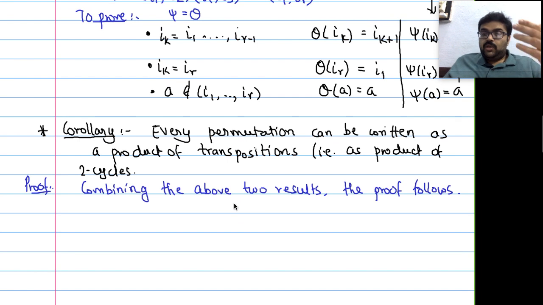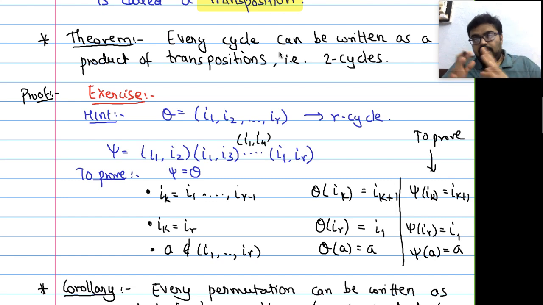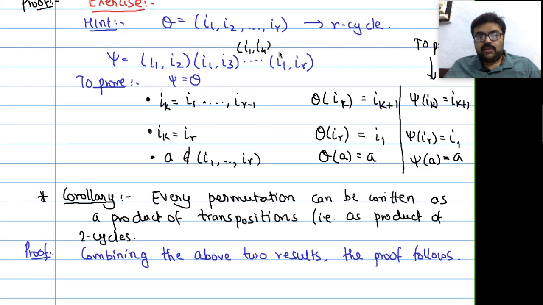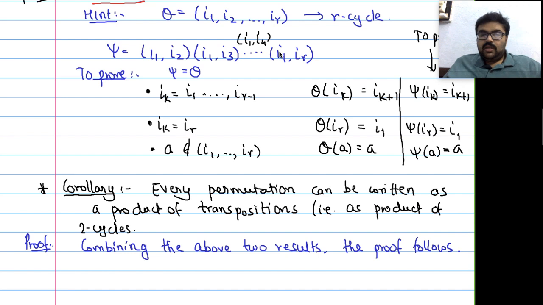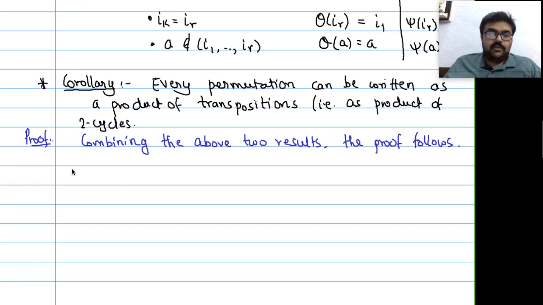Right, so every permutation can be written as a product of disjoint cycles, and here in this theorem we prove that every cycle can further be written as a product of two cycles, that is, transpositions. So finally every permutation can be written as a product of transpositions. For example, consider our theta. We had considered this example given by Nirav at that time.